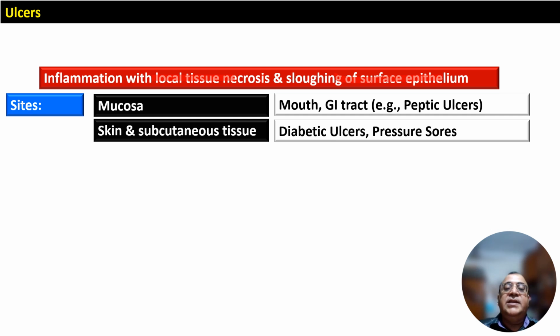The common site for ulcer formation is mucosa or skin and subcutaneous tissue. The common sites in mucosa are the mouth, GI tract, and genitourinary tract, and the skin and subcutaneous tissue ulcers may be seen in diabetes mellitus and in pressure sores.